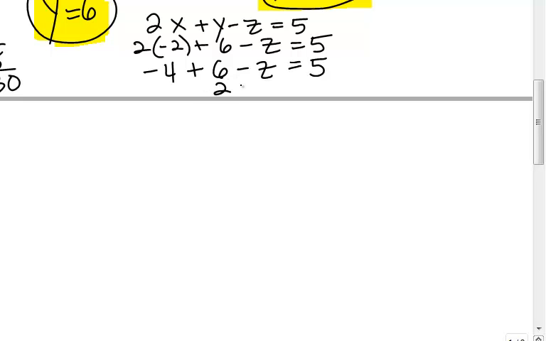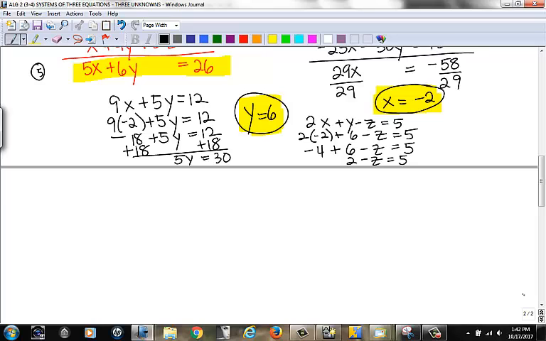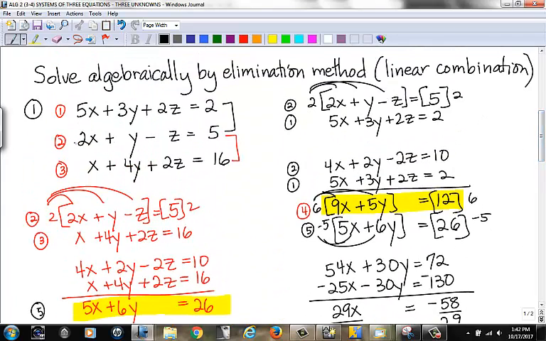That'd be 2 minus z equals 5. We could subtract 2 on both sides and you get a negative z equals a negative 3. Positive 3, sorry. You can put it back into any of them, but I put it back into that one because there's 2 coefficients that are 1.